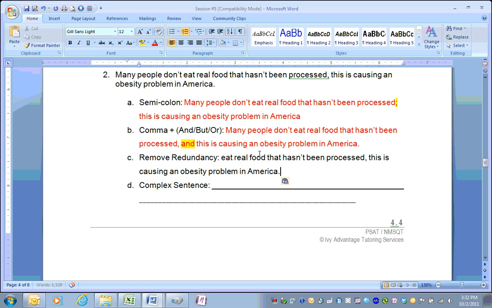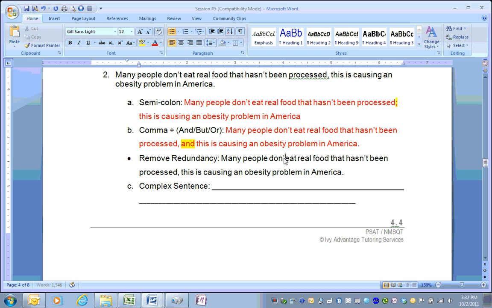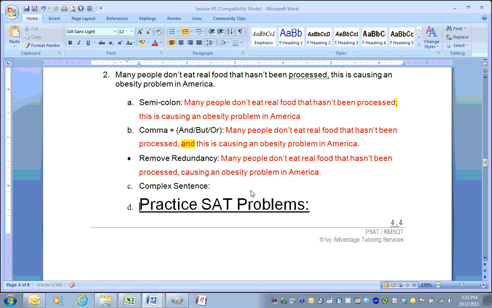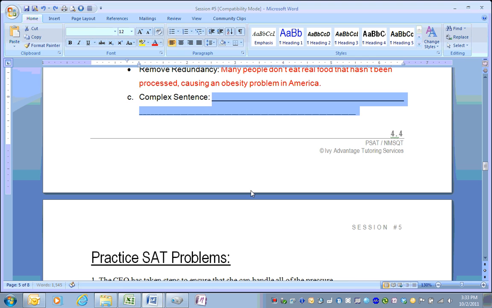So here's another one we could do. Many people eat real food that hasn't been processed. Or many people don't. Okay. So maybe that could work. Causing an obesity problem, removing the words this is. Or there's another way we could do this.